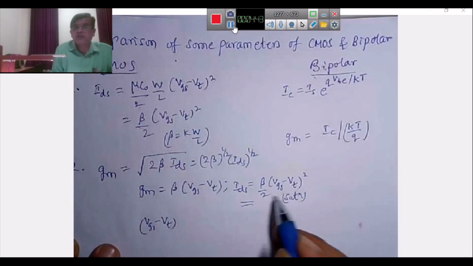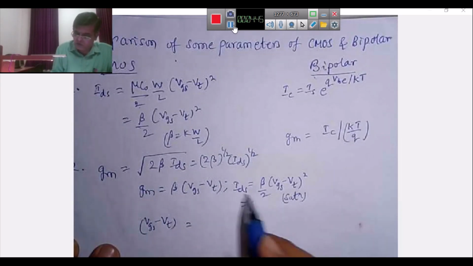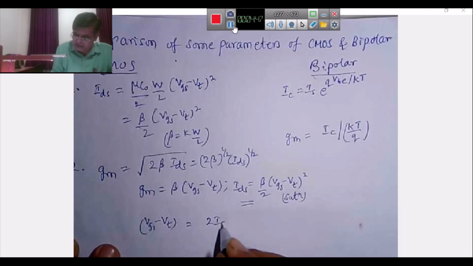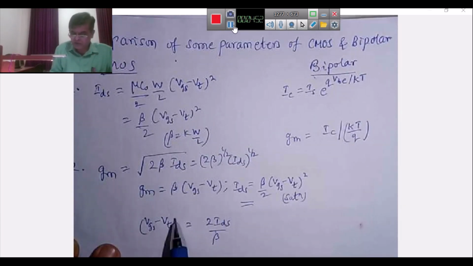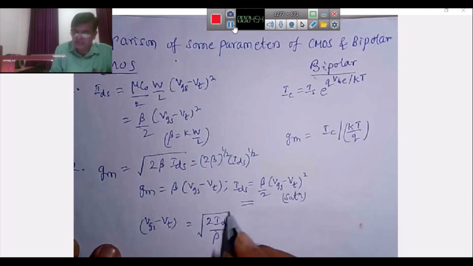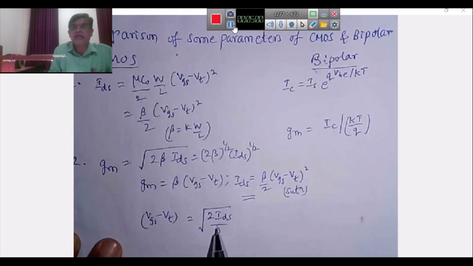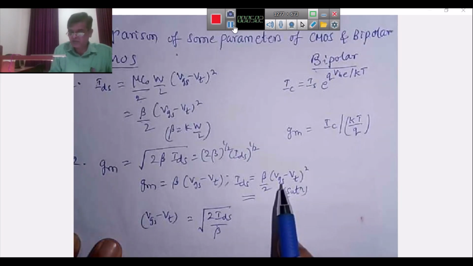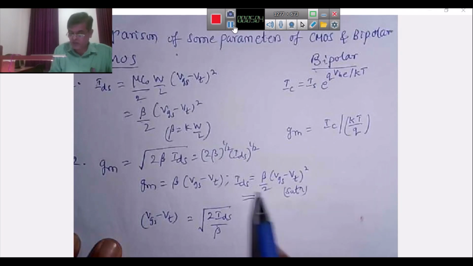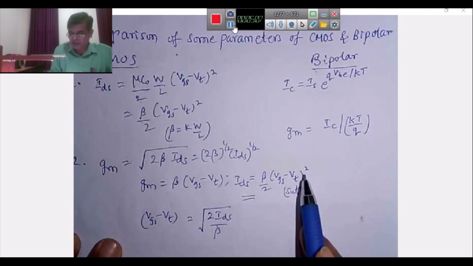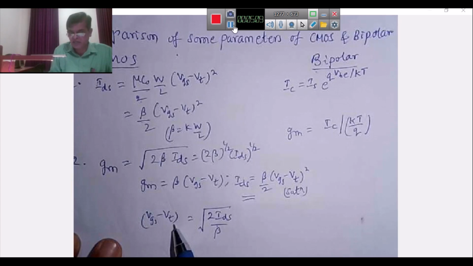Taking square root on both sides, VGS minus VT whole square is 2 IDS by beta, so VGS minus VT is under root of 2 IDS by beta.